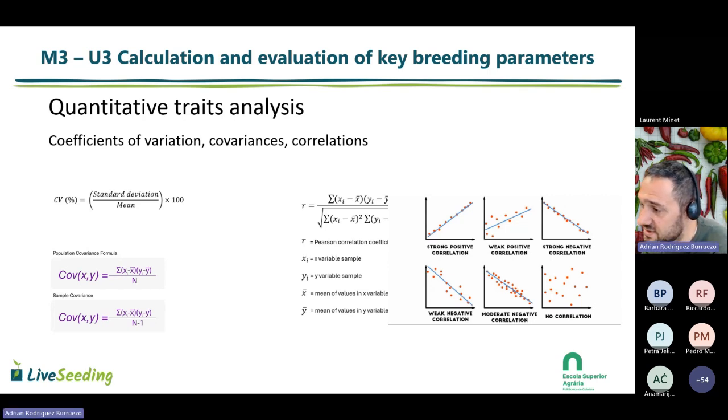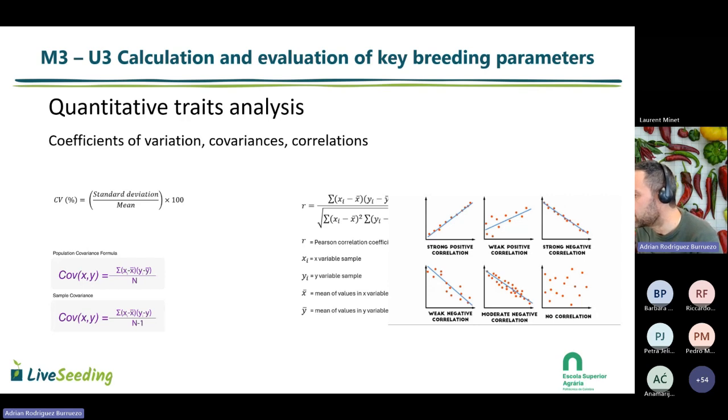Also, the covariance formula, which is on the bottom left corner, is used to estimate several inheritance parameters, but particularly a very important parameter useful for breeders and geneticists of quantitative traits, which is the Pearson correlation coefficient. The correlation coefficient establishes, here you have the formula.